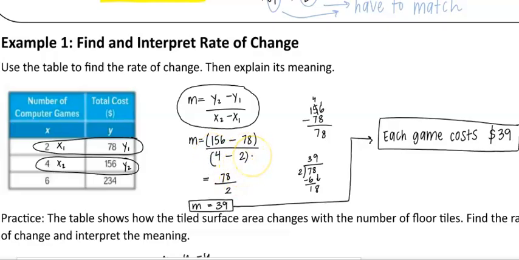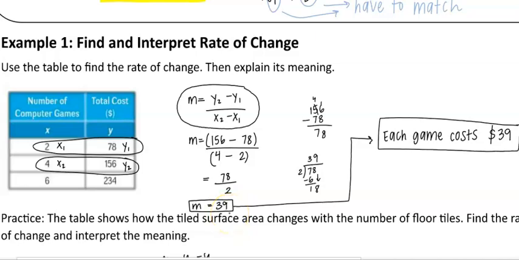It's just not always written. So that means that we have to subtract these two values first. So we get 78 on top, 2 on the bottom. Then we can divide or reduce. 78's even, so I know it can definitely divide by 2. If you need to use your long division to figure that out, you can. It should give you 39. So it's saying the slope, or the rate of change, is 39.